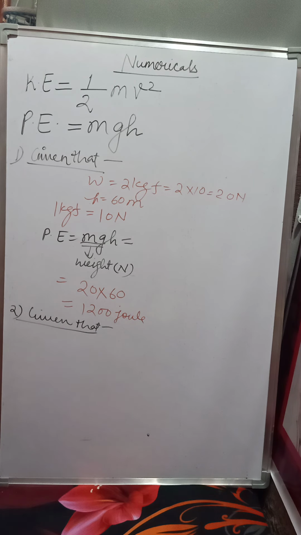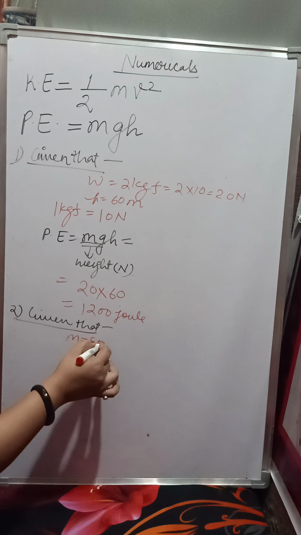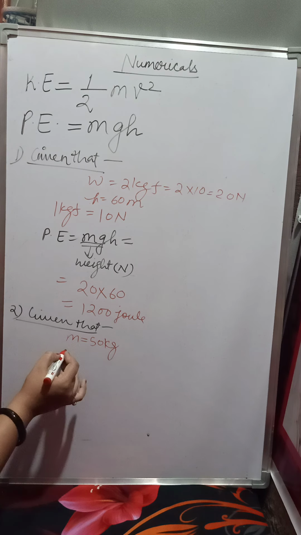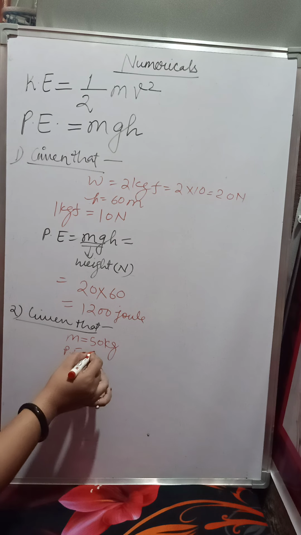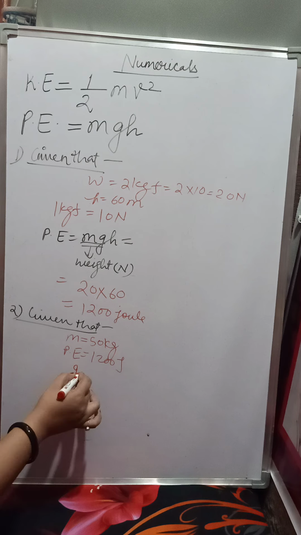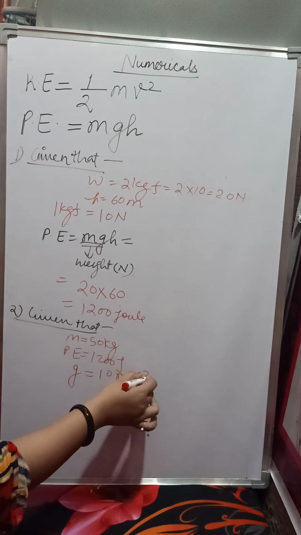Given that mass is 50 kilogram, potential energy is 1200 joule and the gravity is 10 meter per second square.